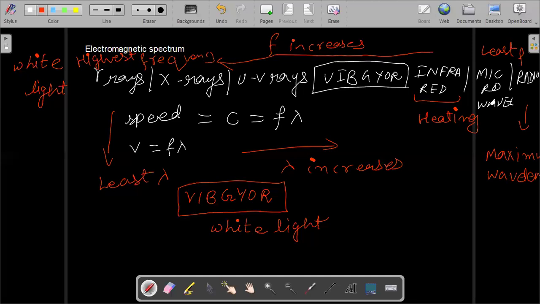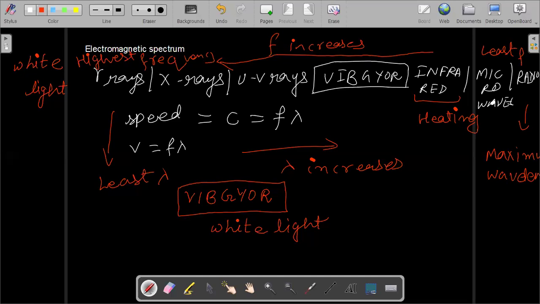Siddharth. See, out of the gamma rays, microwaves, radio waves, which one of them has the highest frequency? Radio waves.